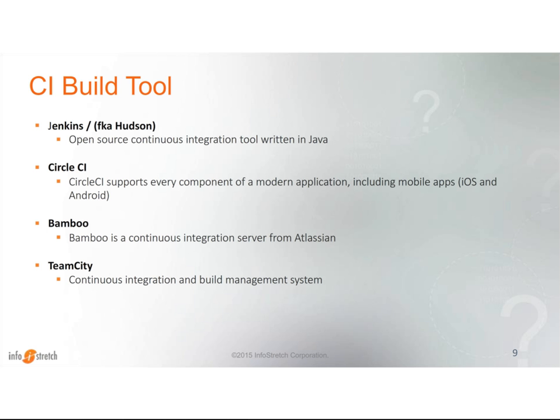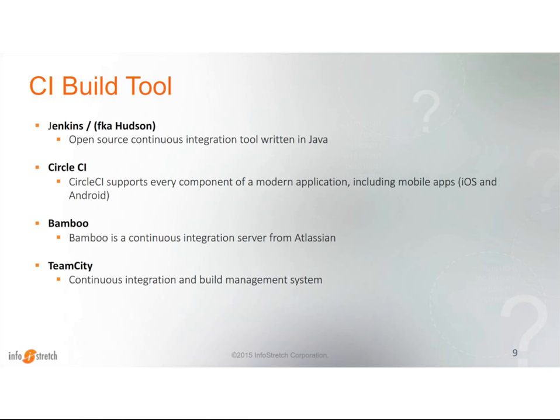Now, once this build is ready to go, we need to get into a CI build tool like, say, Jenkins or Hudson, Circle CI, Bamboo, TeamCity, which are all integrators of all the different tools that are going to be used for the whole software development life cycle. As I said, Jenkins is an open source tool.